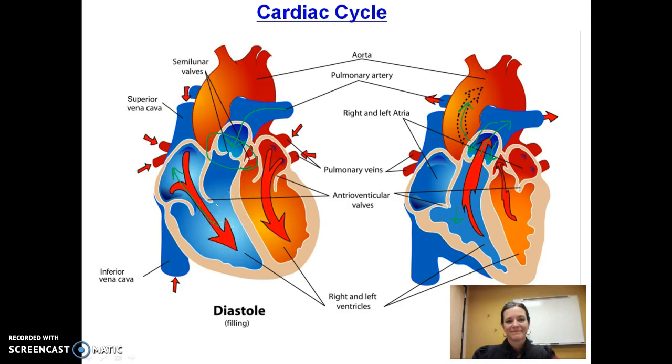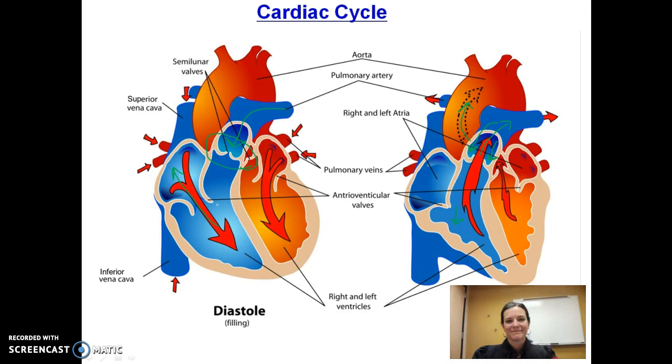And all of these valves ensure that the blood moves from one chamber to the next, and everything is going in a unidirectional flow, that we're not going backwards, because that's going to inhibit the function of the cardiovascular system as a whole and prevent our ability to actually deliver oxygen to all the tissues the way that we need to. I hope that makes sense.